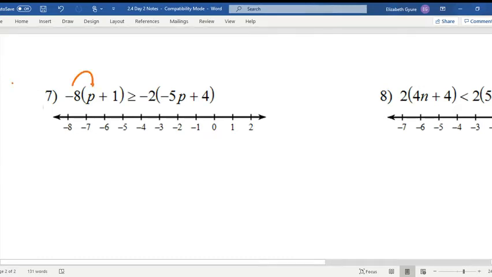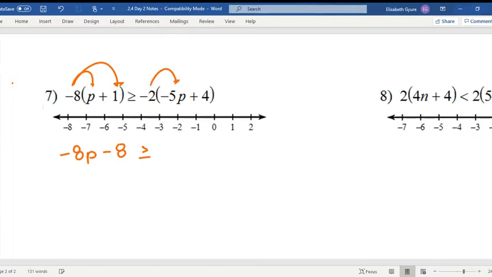We can multiply. Negative 8 times p is negative 8p. Negative 8 times 1 is? We can do it. It is negative 8. That's okay. All right, now we're on the other side. We're going to distribute our negative 2.